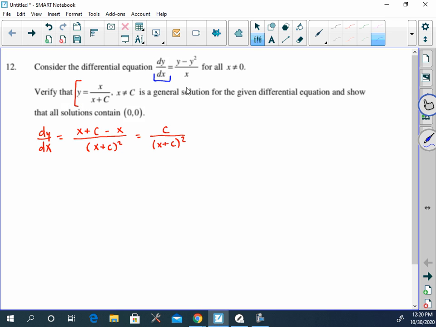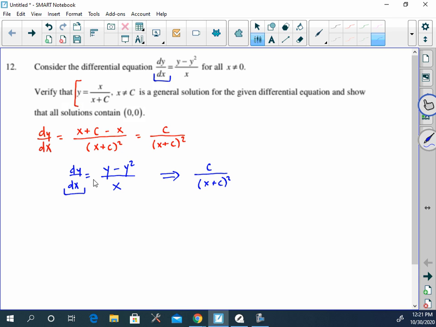So I'm just going to start by writing this so my steps are super clear. I'm just going to write what's up there: dy dx equals y minus y squared over x. And then I'm just going to move to my next step here. So for dy dx, I'm going to put this in. So I just plugged that in for this side.